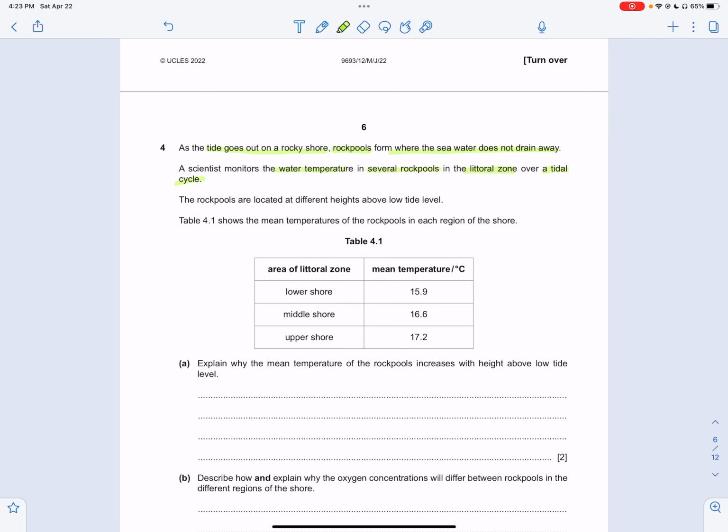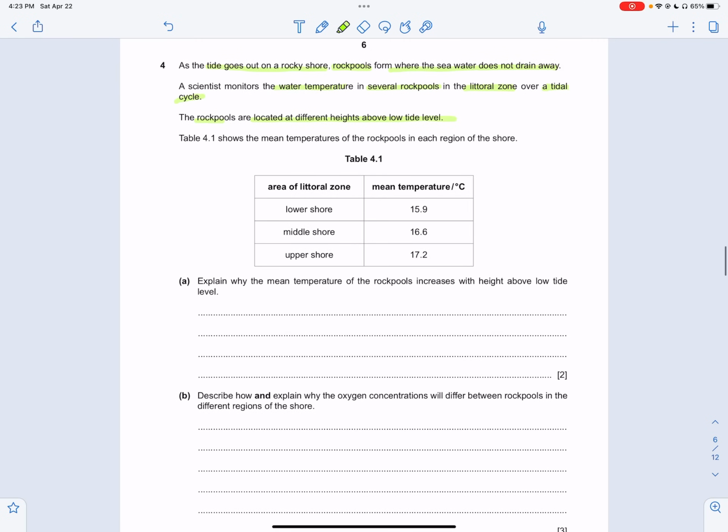So a tidal cycle is from one high tide to a low tide. The rock pools are located at different heights above the low tide level. And in your textbook, and if you're my student in class, you wrote that no matter what zone you're in on the rocky shore, rock pools can exist there. You're looking at the average or the mean temperatures of the rock pools in each region.